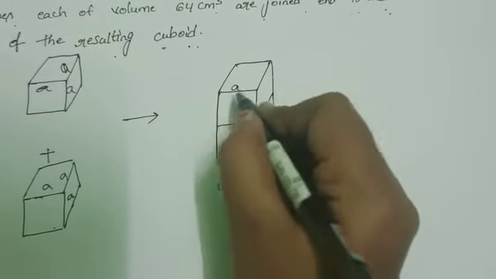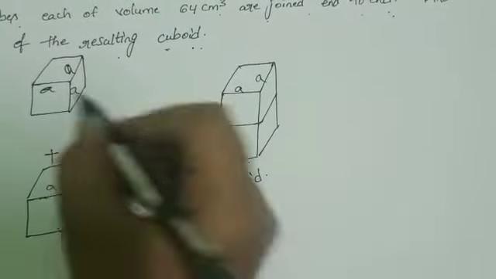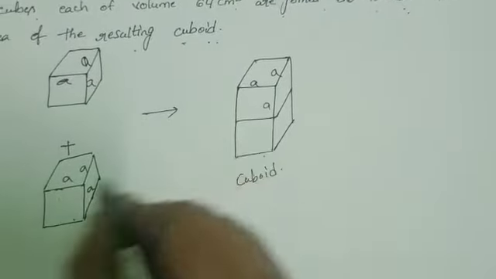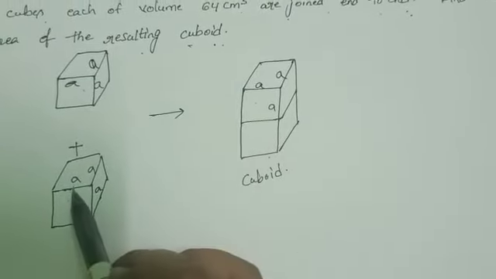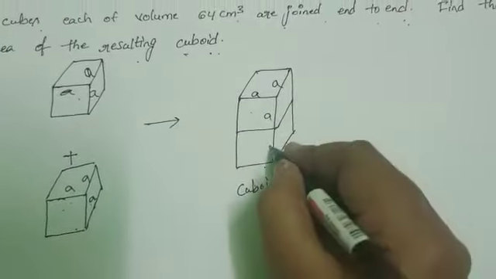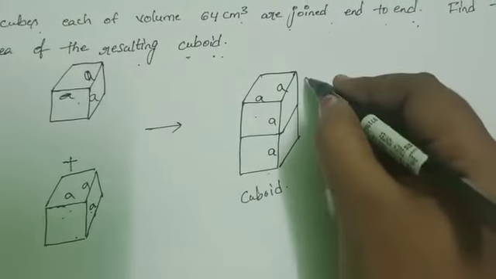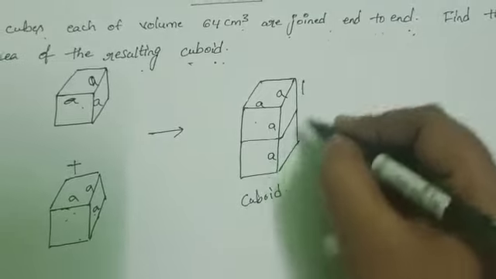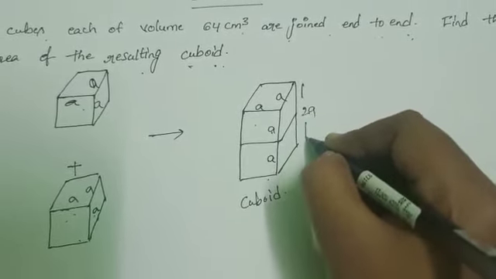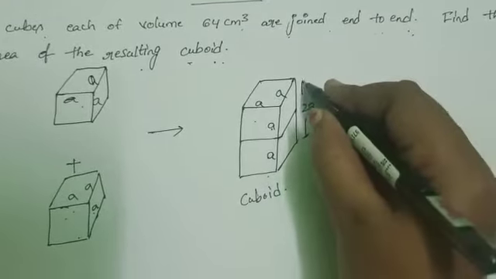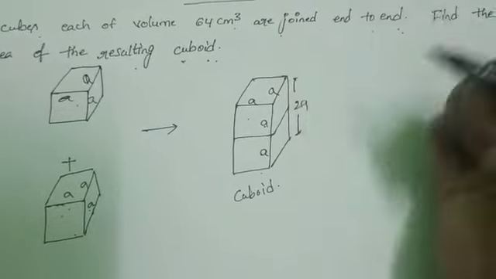This is length A, breadth A, height of the first cube is A, and height of the second cube is A. See, this height equal to A plus A, 2A. Here cuboid height is 2A, and length equal to A and breadth equal to A.